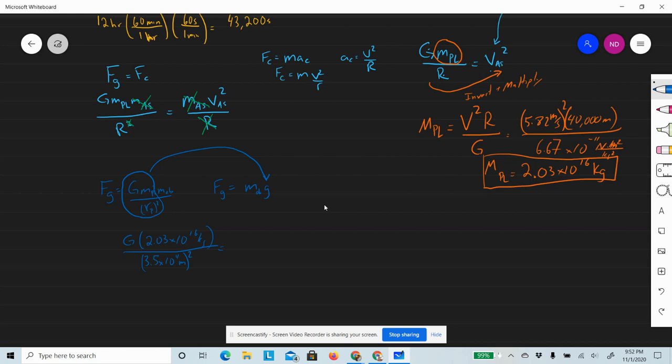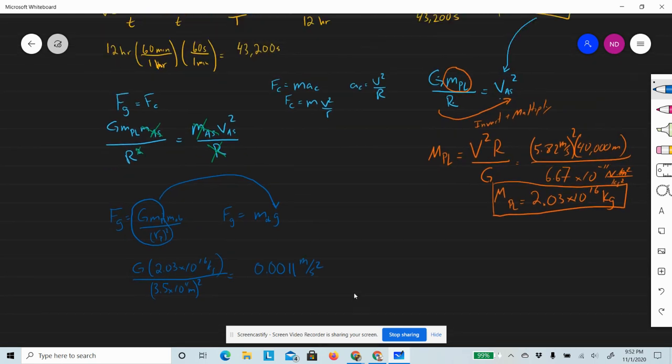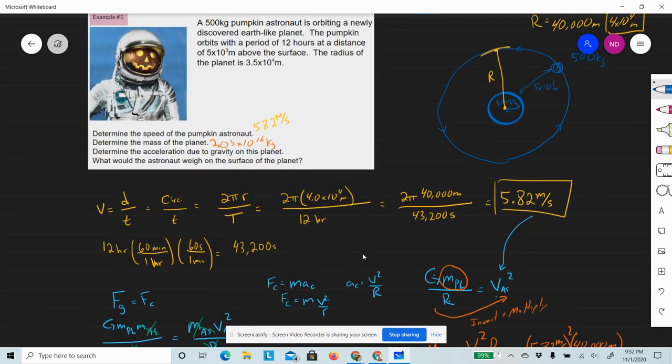So this is tiny. 0.0011. Okay, this is like the most ridiculous planet there ever was. And the units for this would be meters per second squared. 0.0011 meter per second squared.